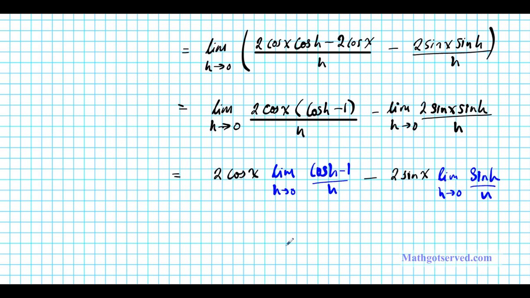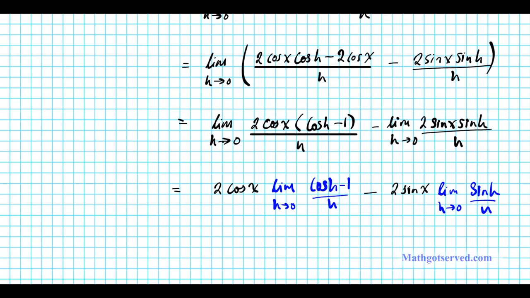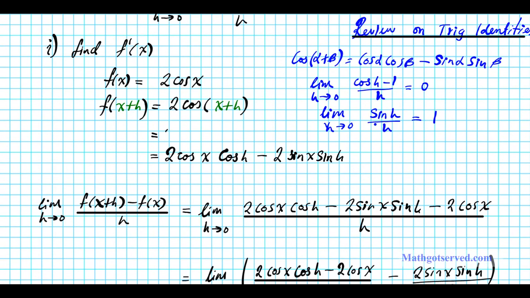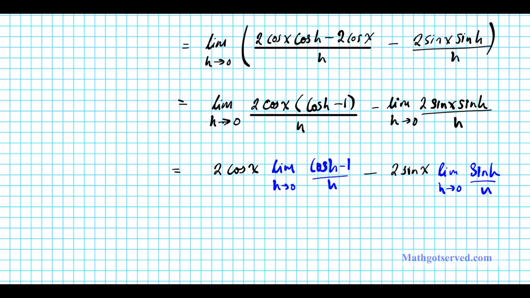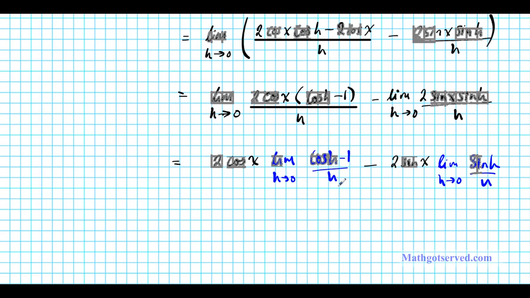Now, in order for us to finish this limit, we're going to think back to our limits of trigonometric functions. These two right here, we're going to implement in this situation. This limit is going to go to 0, and this is going to go to 1. We know those results because of the squeeze or sandwich theorem.